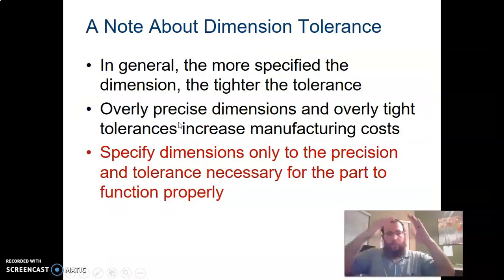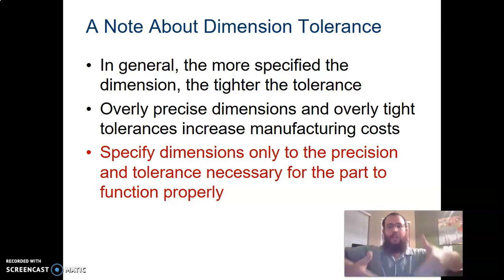So trying to summarize everything. In general, the more specified the dimension, the tighter the tolerance, or the smaller the tolerance. Overly precise dimensions and overly tight tolerances increase manufacturing costs. Specify dimensions only to the precision and tolerance necessary for the part to function properly.